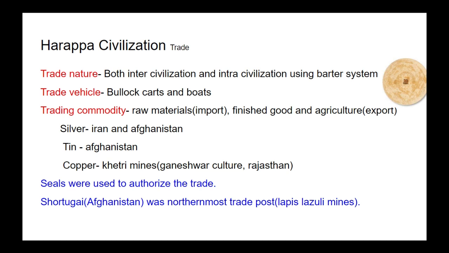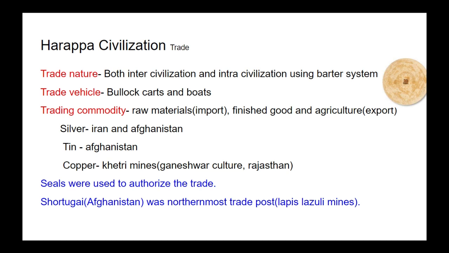So at that time, seals were probably used to authorize the trade, and to show the brand, that this commodity was of Harappan people, and which merchant of the Harappan Valley it belonged to.